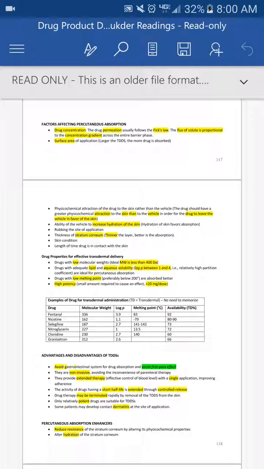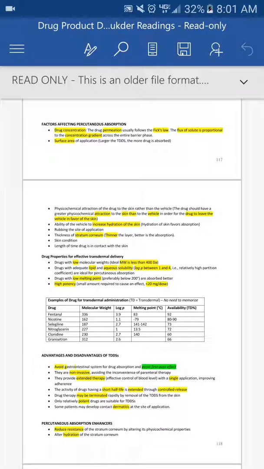Surface area of application. The larger the transdermal delivery system, the more drug is absorbed. That just makes sense. Physicochemical attraction of the drug to the skin rather than to the vehicle itself. The drug should have a greater physicochemical attraction to the skin rather than to the vehicle in order for the drug to leave the vehicle in favor of the skin.